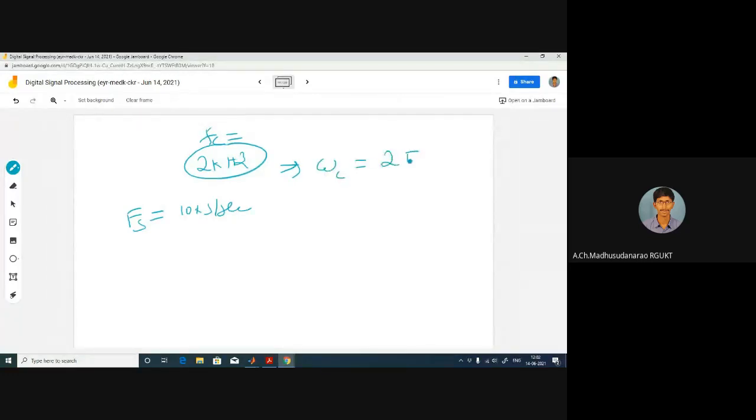2 pi into f by fs, right? Then what is this? 2k divided by 10k is 1 by 5, right? So 2 pi by 5. Is it okay or any mistake? Radians per sample.